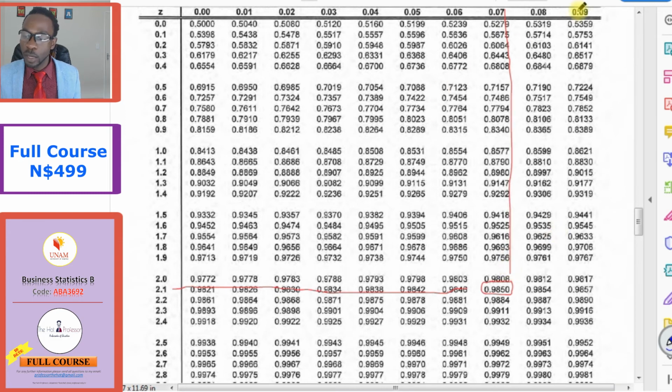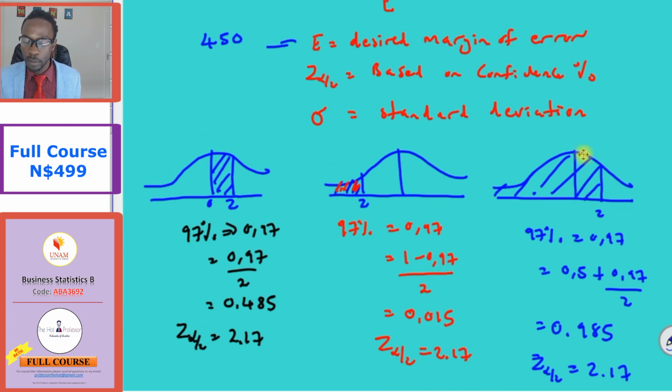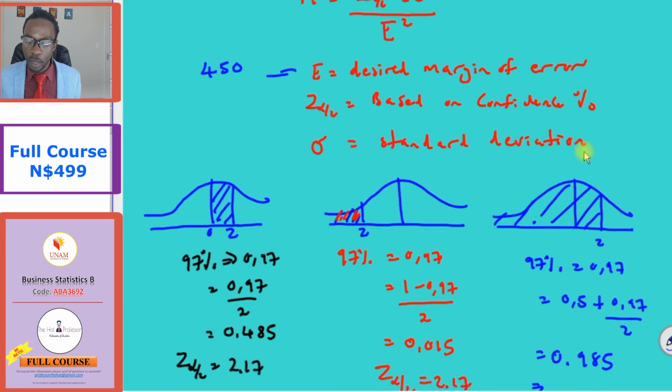So again, you get the same answers as everywhere else. So we know Z alpha over 2 equals 2.17. Alright, so remember I said you didn't need to do all three. I just did all three to illustrate a point. So now we have our Z alpha over 2, which is 2.17.